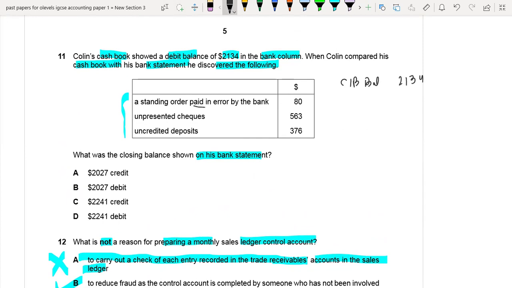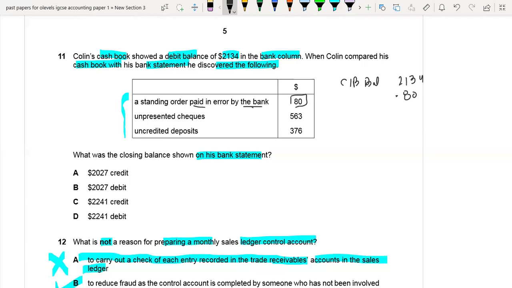Okay, a standing order paid in error by the bank. So what does it mean? It means that there is a standing order which you have paid, but the bank didn't record it. So we have to deduct it, because after some time this will be deducted once the bank rectifies this error.